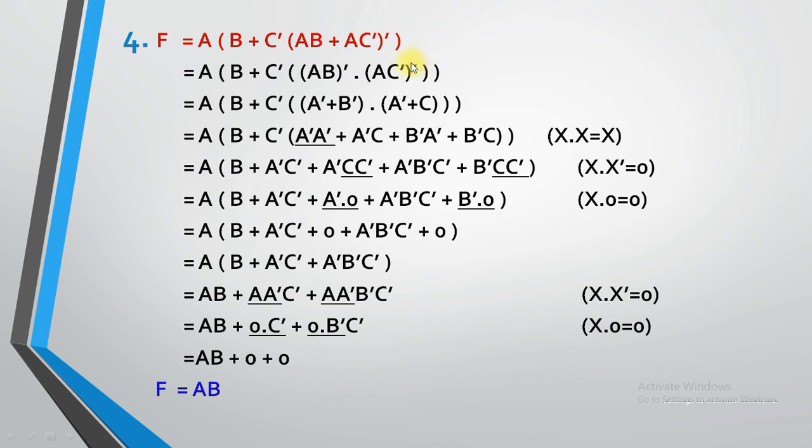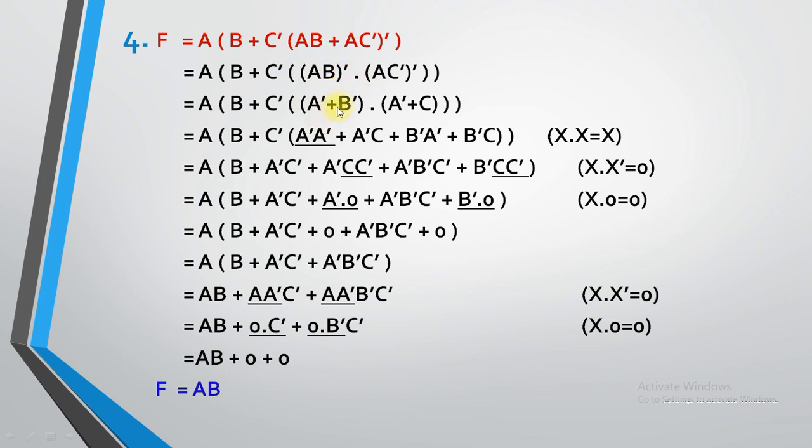Now what is my next requirement? I need to apply complement to each variable. So AB whole dash is equal to A dash plus B dash. Similarly, the second term becomes A dash plus C. This concept we have already understood in our previous video. Those students who are not getting this need to refer to video number 7.